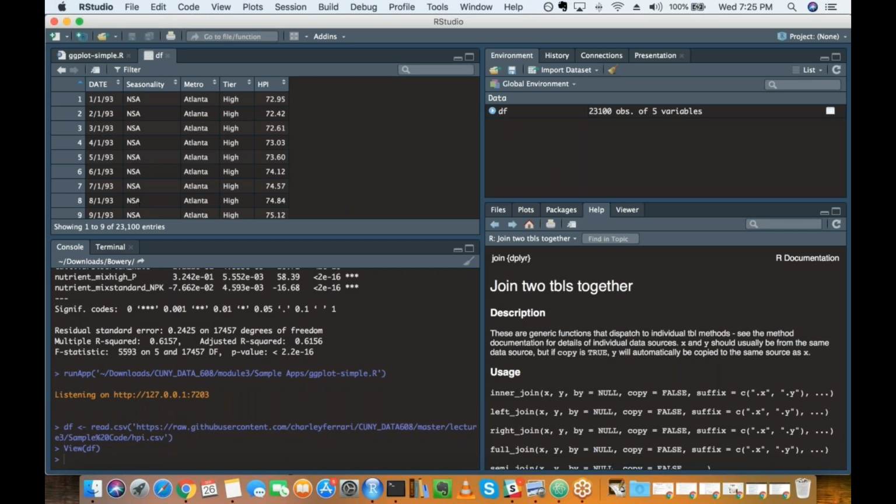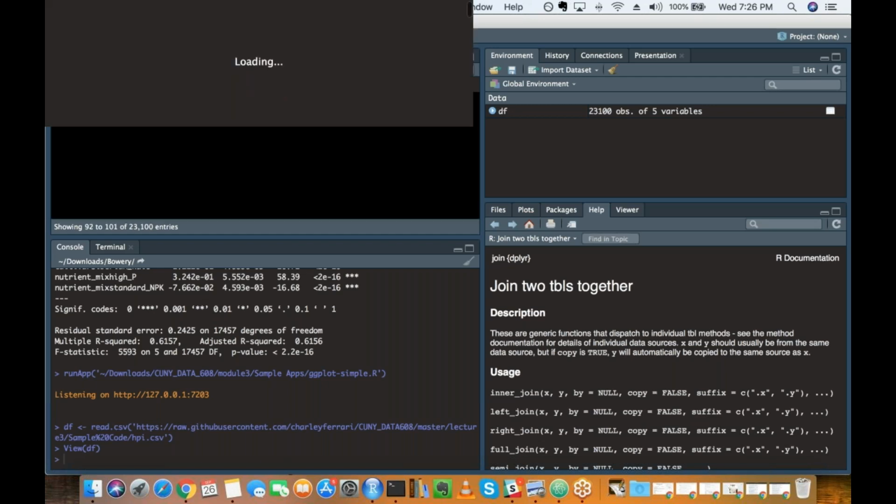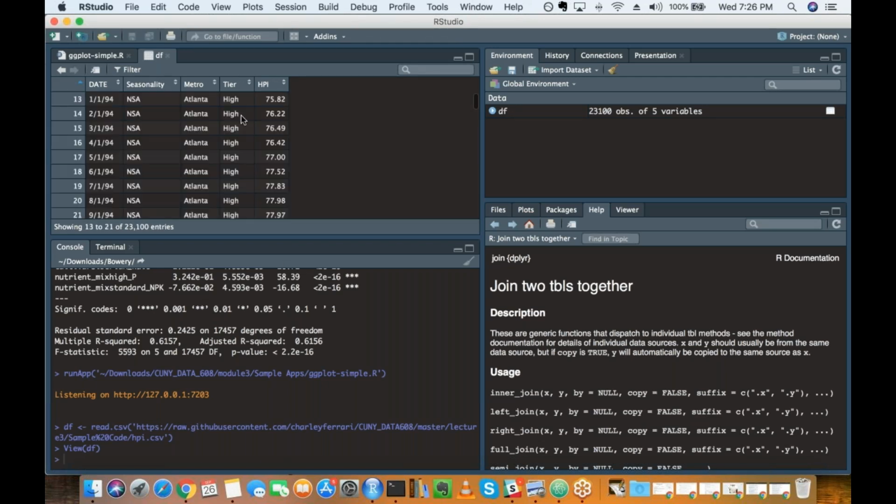It's a time series, so we're looking at this over time. And we have, as Hadley Wickham would call it, a tidy data set. We have different divisions of our data: seasonality, whether it's seasonally adjusted or not, metro, and the tier of housing, whether it's high, low, or middle. You can see all of that here. And then we have these housing price indices.